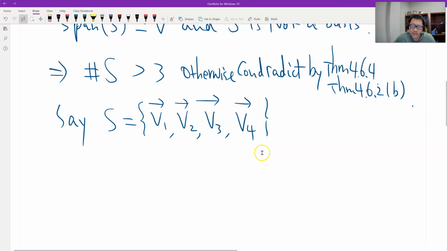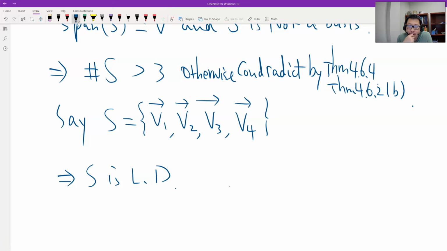So how do we reduce? The first thing we need to know is whether it is linearly dependent. Why is it linearly dependent?